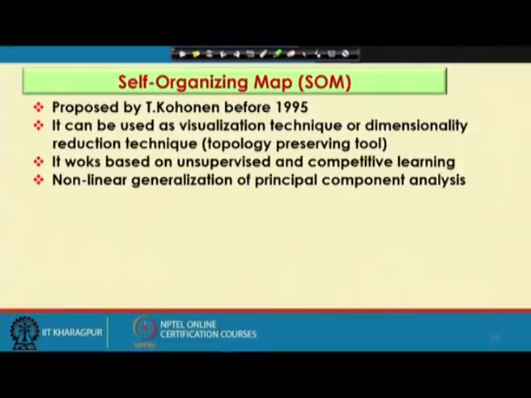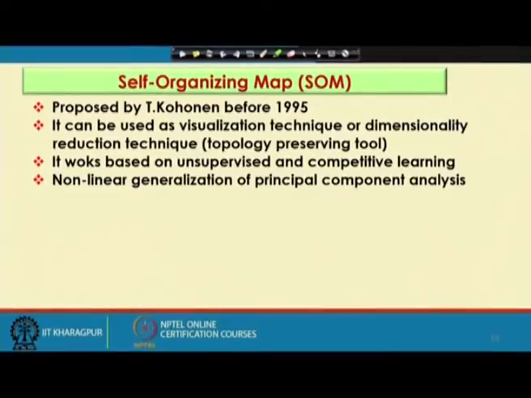This is nothing but a nonlinear generalization of principal component analysis, PCA. Principal component analysis is a very efficient tool for linear mapping, but here we are going for nonlinear mapping, and for this we are going to use the self organizing map, which is a nonlinear generalization of this linear mapping tool, that is the principal component analysis.